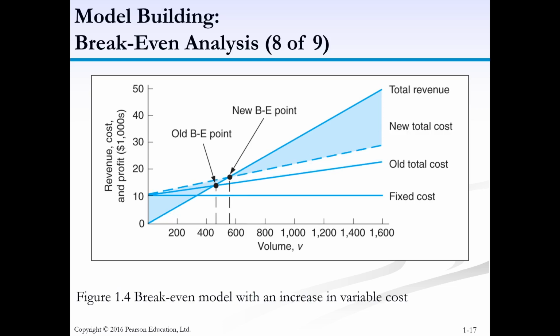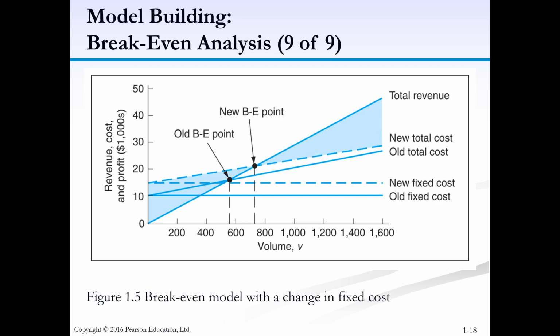We can also change the variable cost, and we can see that by increasing the variable cost, our new break-even point has shifted to the right side, which means we have to produce more units to break even. We can also do sensitivity analysis by looking at what if we change the fixed cost from 10,000 to 15,000, and again the break-even point moves towards the right side, which means that we have to produce more units to break even.